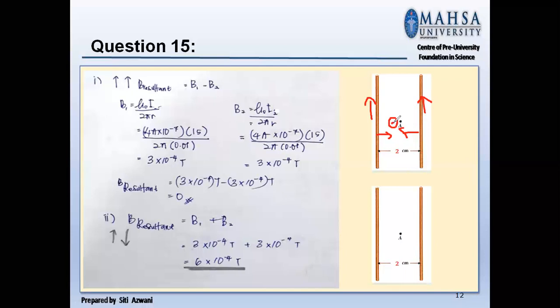Then for the second wire, you have your current going up, and the force to the left, and then the B at point A is into the page.